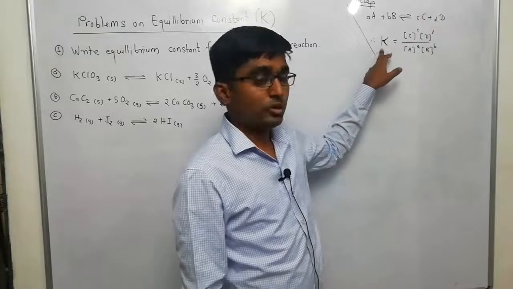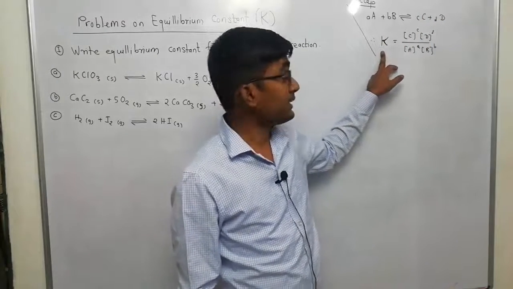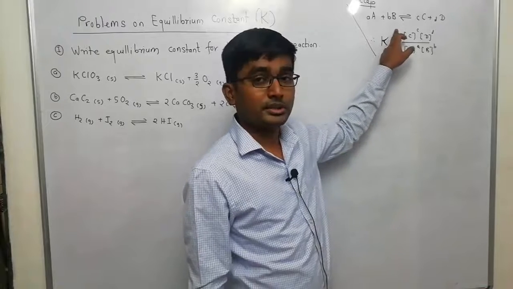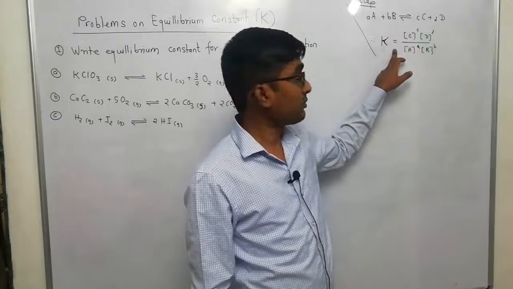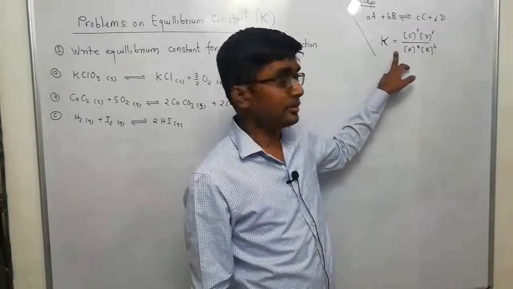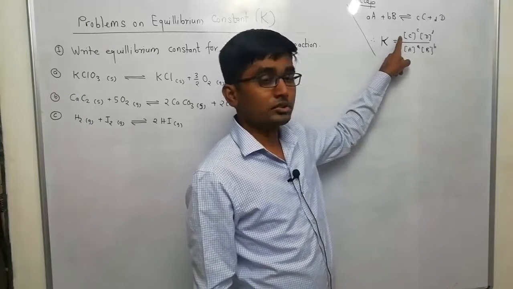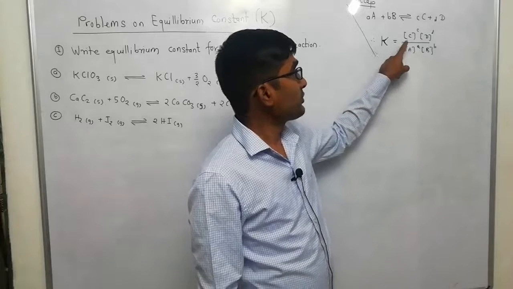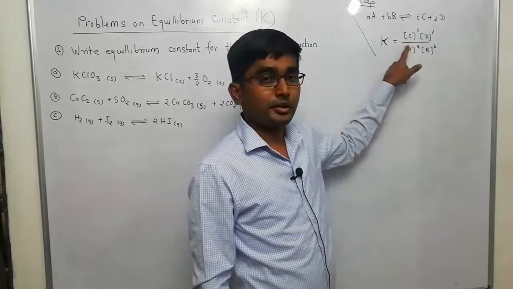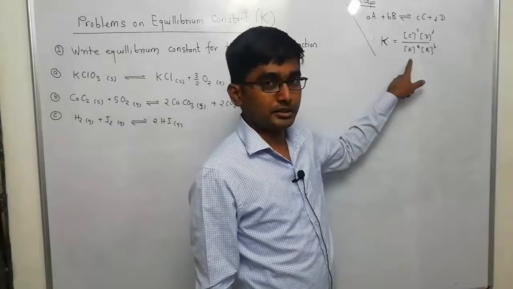Therefore the equilibrium constant capital K is nothing but the ratio of the rate of the forward reaction to the rate of the backward reaction, or the rate constant of the forward reaction to the rate constant of the backward reaction, which is equal to the concentration of products divided by the concentration of reactants.